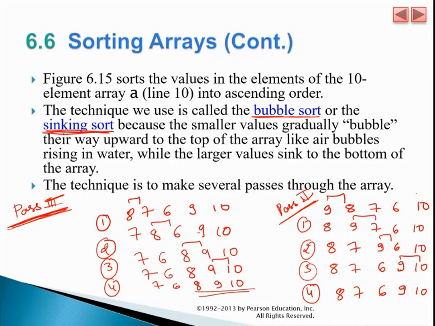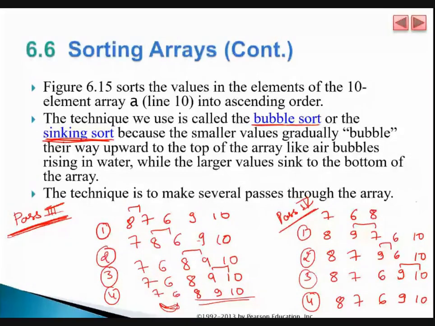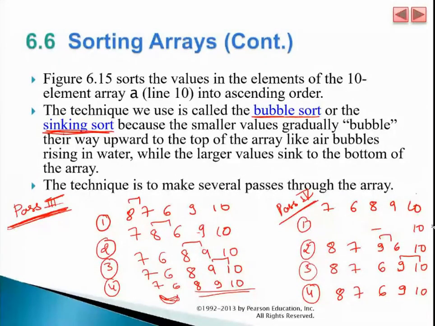Similarly, what happened in pass 4? In pass 4, these two things get switched. Right? So let me draw that as well for completeness. So we have 7, 6, 8, 9, 10. What is the name of this algorithm?